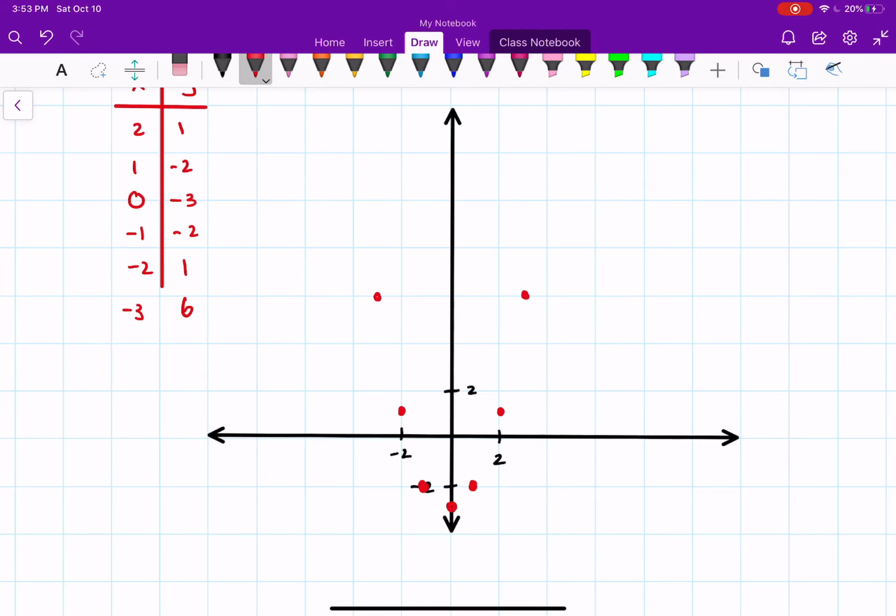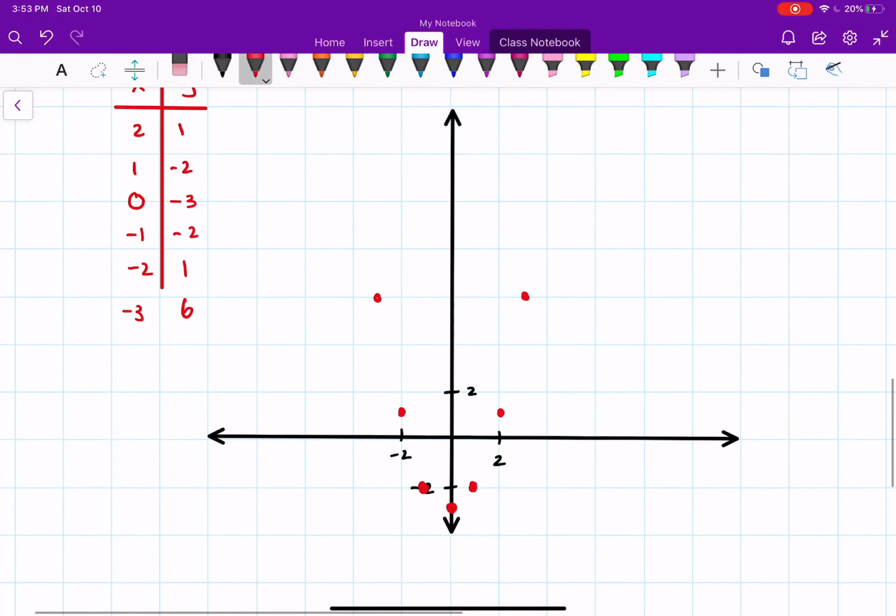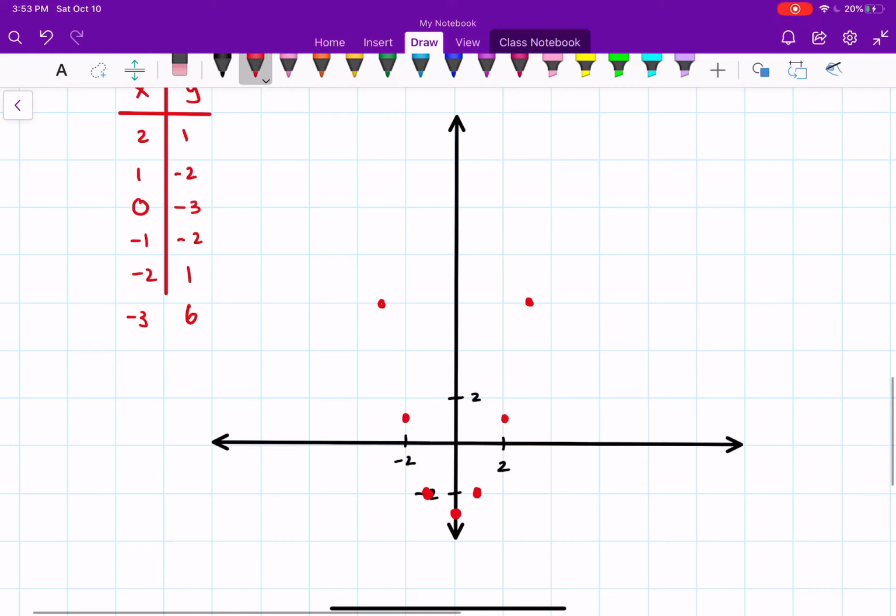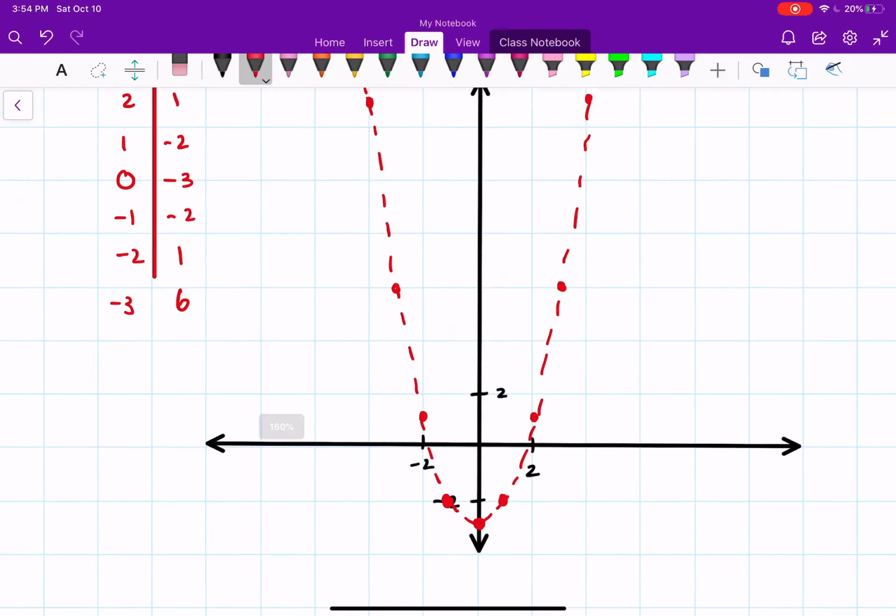And for 4, it'll be 13. So 2, 4, 6, 8, 10, 12, 14. Okay. So this is dotted. So let's go ahead and go dotted. Boom. All right, so there's my parabola.